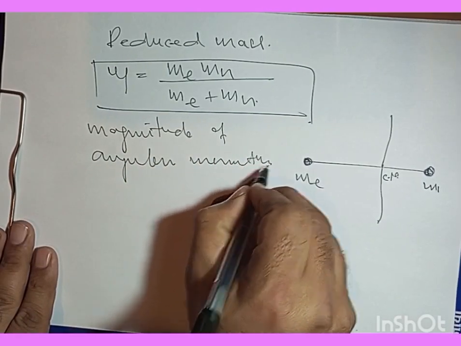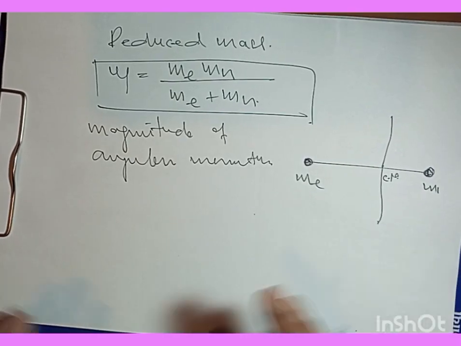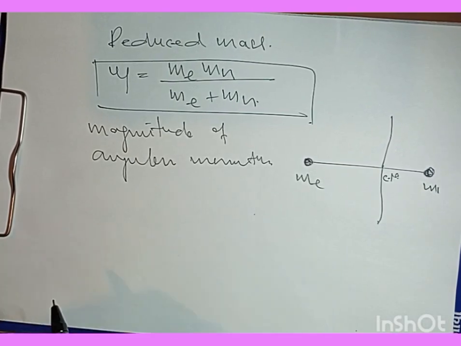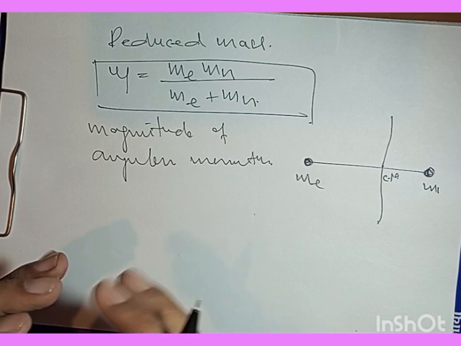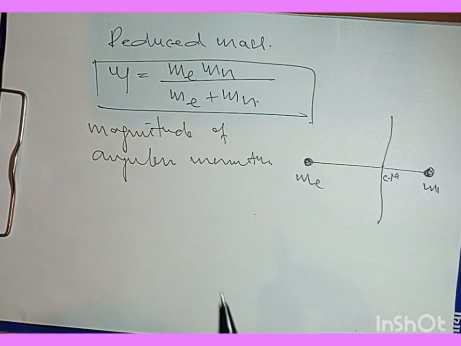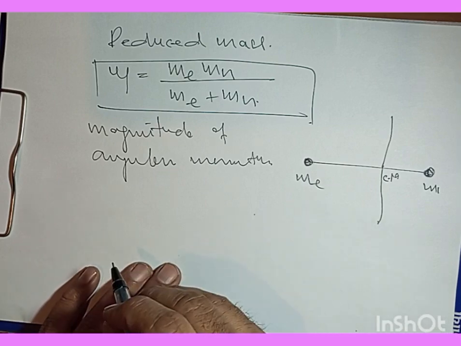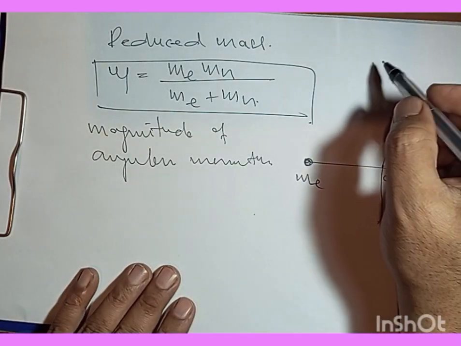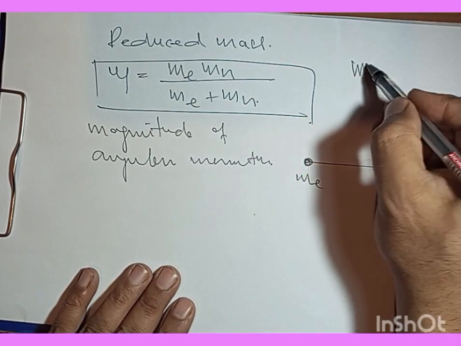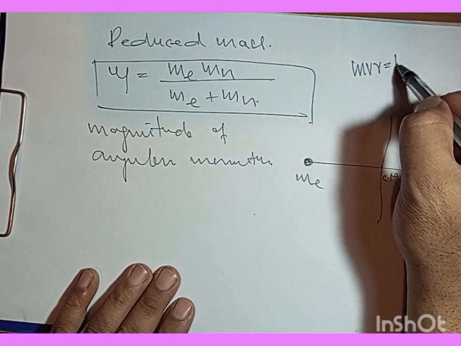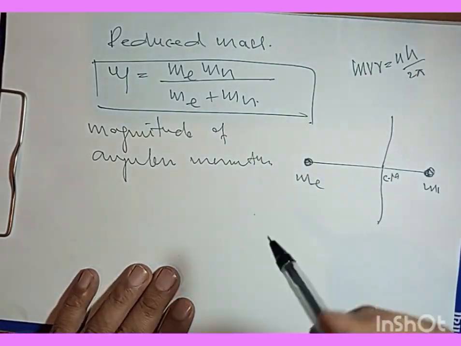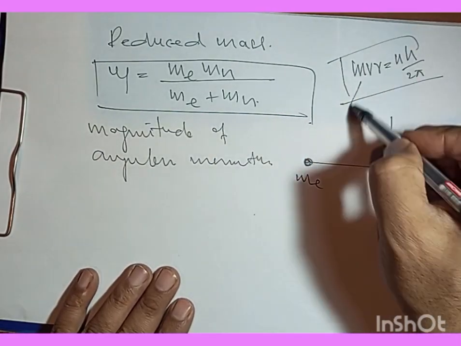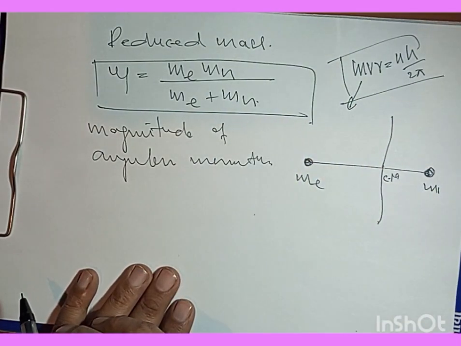If we rightly remember, in case of Bohr's model of hydrogen or hydrogen-like atoms, the quantum condition comes in terms of angular momentum, and what is assumed there is that the angular momentum is quantized, equal to an integral multiple of h by 2 pi. That's m v r, is an integral multiple of h by 2 pi. But the point here is that we have m, and m refers to the mass of the electron.